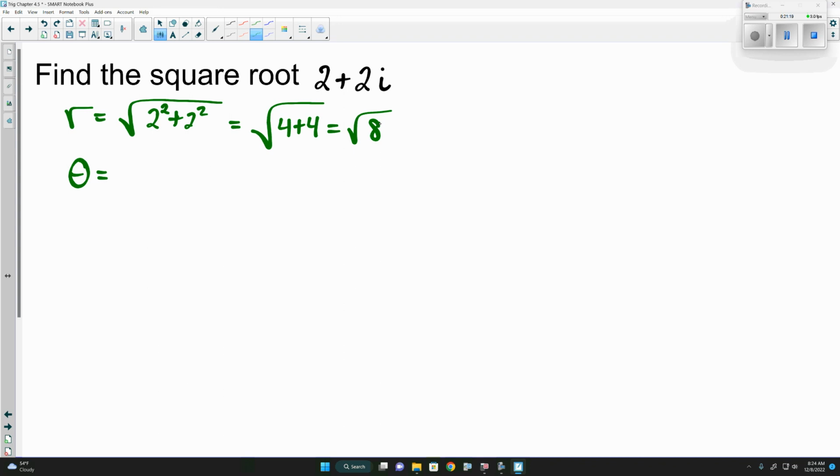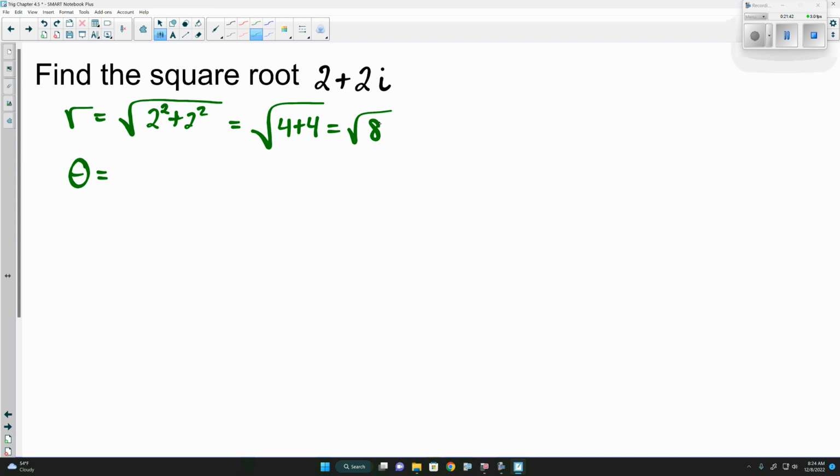Are we going to reduce it? No. Because in the formula, we're going to have to take the nth root of r. We're taking the square root of r. And I'd rather leave it as the square root of 8 and take the square root of that than having to take the square root of 2 square root of 2. It's just easier to work with.